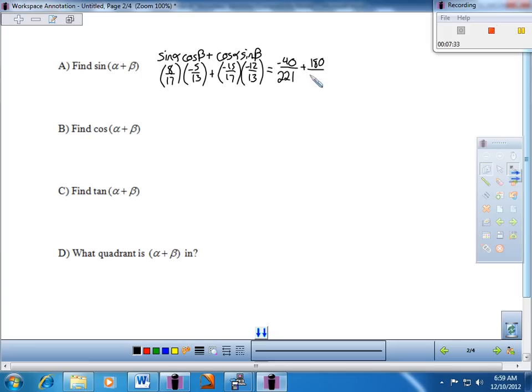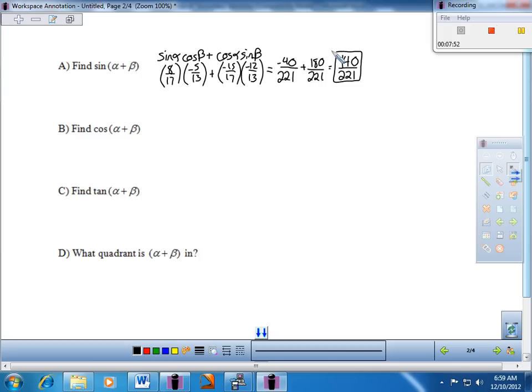I'm pretty confident about that one. Should be bringing up my calculator for this. But I'm hoping that's also 221. I'm going to go with it and hope for the best. Okay, and so as a result, everyone, it looks like I have a sine ratio for our new combination angle of 140 over 221. And that's looking pretty good. All right, well, hope, as I said, that 221, I think I have. But I like my numerators there, and so we'll go with that.